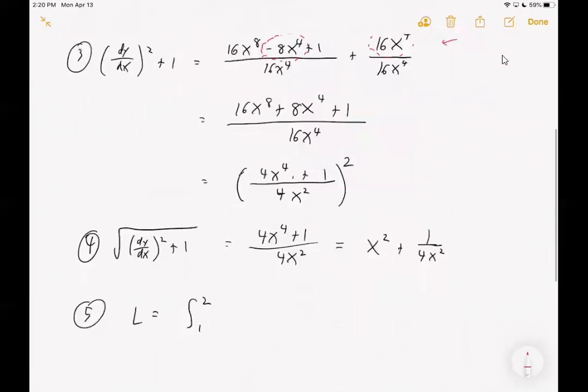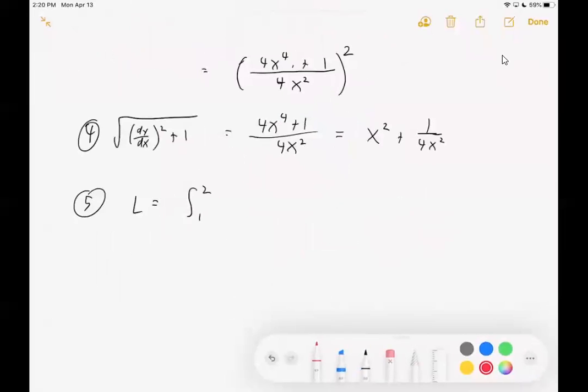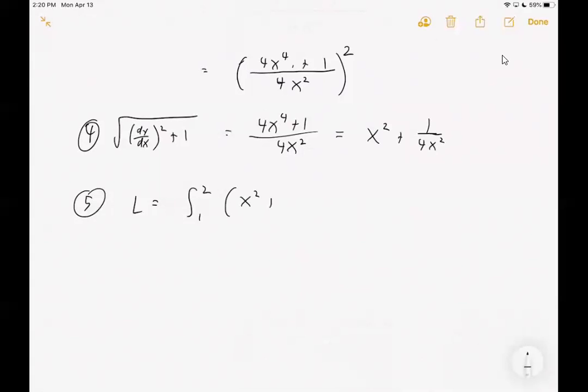So when we put in the integrand, that's going to be x squared plus 1 over 4x squared, all integrated with respect to x. Now we can find the antiderivative of each of those terms relatively easily. Although I think it might be easier, let's make this two different integrals so that we have two simpler problems to work with.